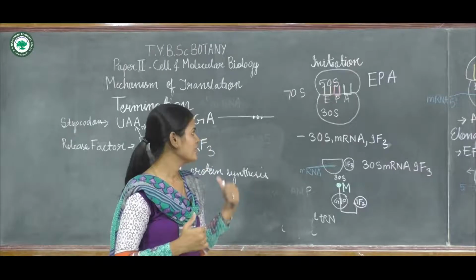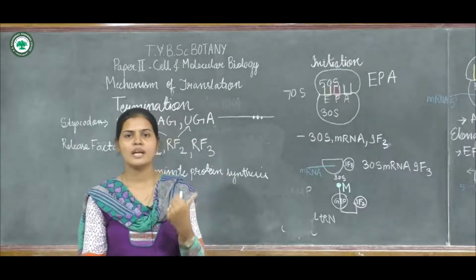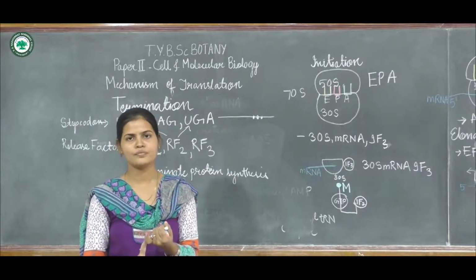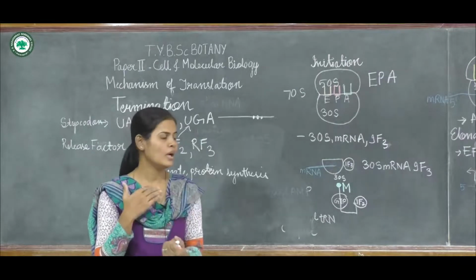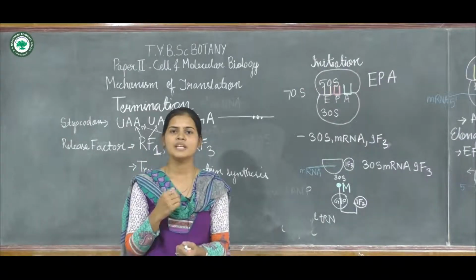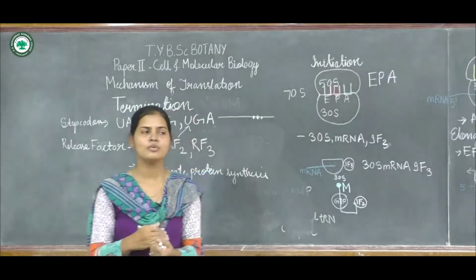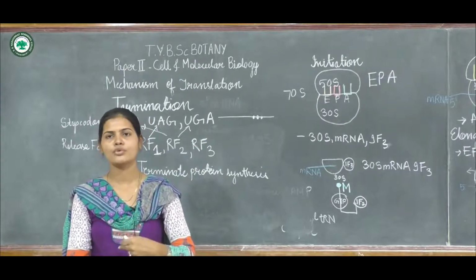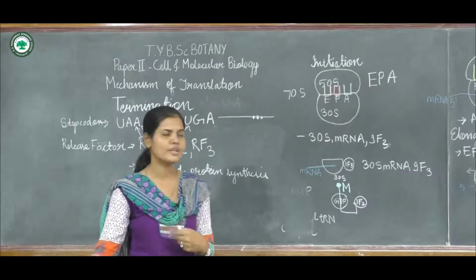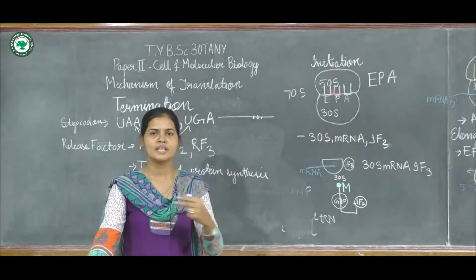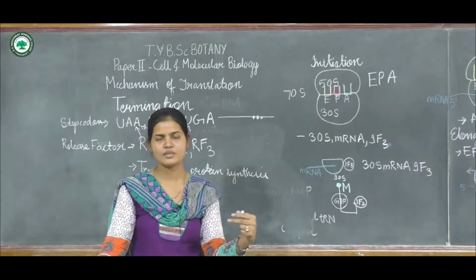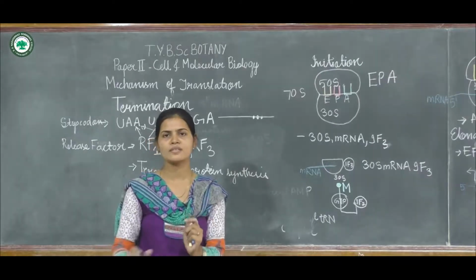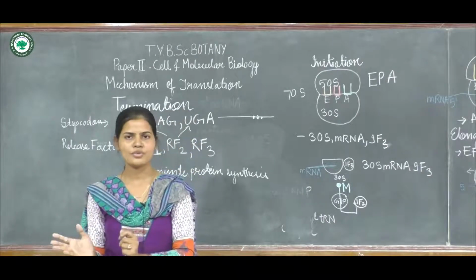After that, the next step is the elongation. There are different elongation factors, EF-Tu GTP and EF-G GTP. They will come and bind at a specific position, due to which there is anticodon-codon interaction, and the mRNA will move one codon, and this is how the elongation process will take place.